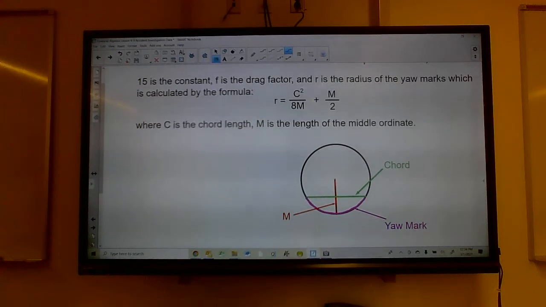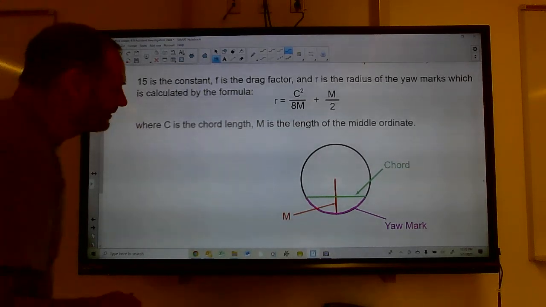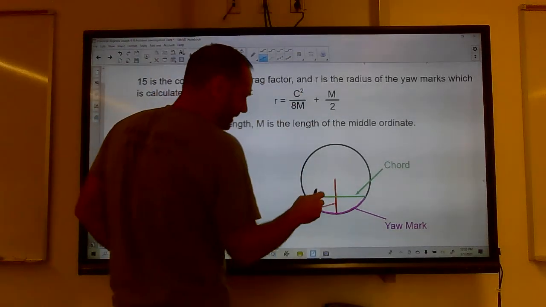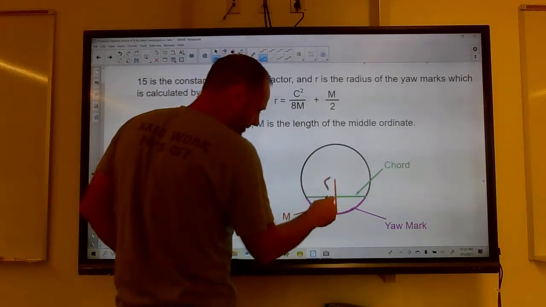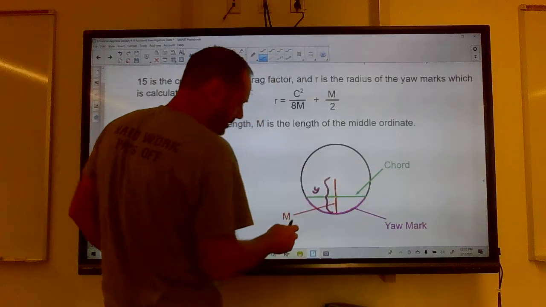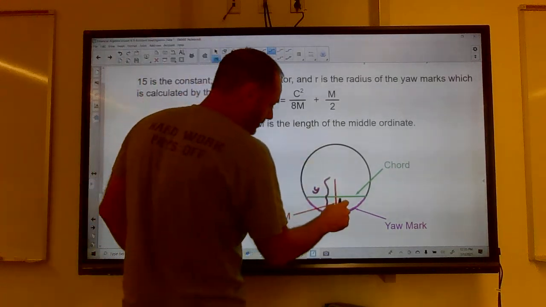R is the radius of the yaw mark. Oh, M is the length of the middle ordinate. Okay. So, I'm sorry, M is, okay, this is R right here, and this is the middle ordinate right here.